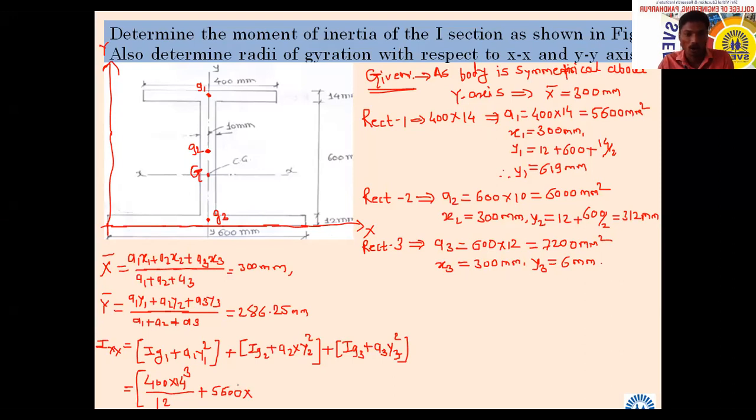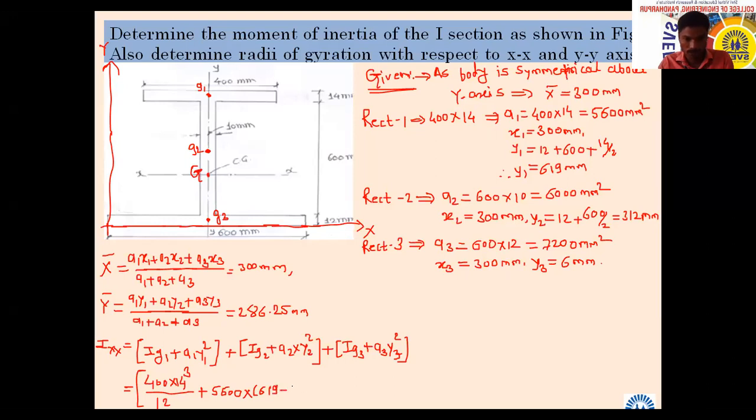What is the y coordinate of the combined centroid? 286.25. What is the y coordinate of the individual centroid? 619. So in the bracket what do I have to write? 619 minus 286.25.